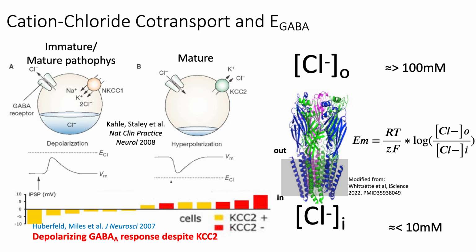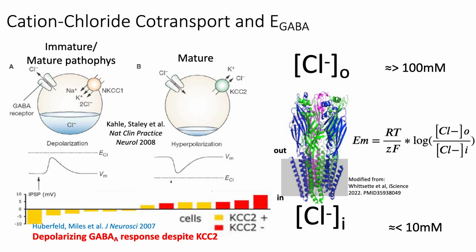The prevailing theory of what does set eGABA has been around for about 20 years, since Richard Miles' studies, which showed in resected human subiculum that in epileptic tissue you actually had a high intracellular chloride, and there wasn't KCC2 being expressed.